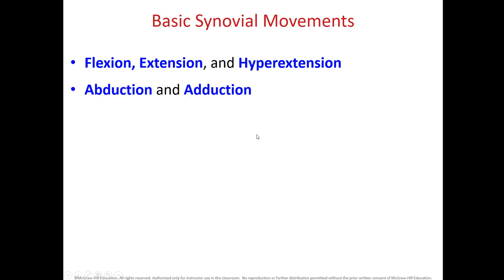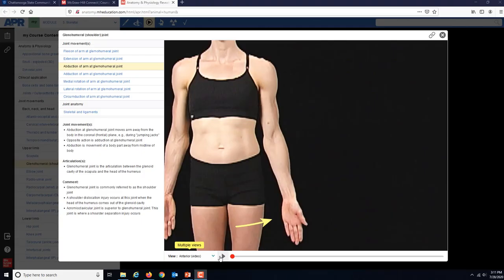The next set is abduction and adduction. Abduction is pulling a part of the body away from the median. Adduction is going back to anatomical position. Looking at abduction of the arm at the glenohumeral joint.